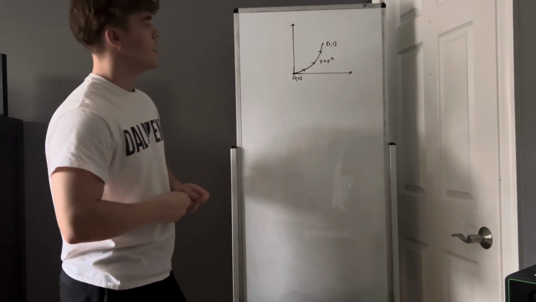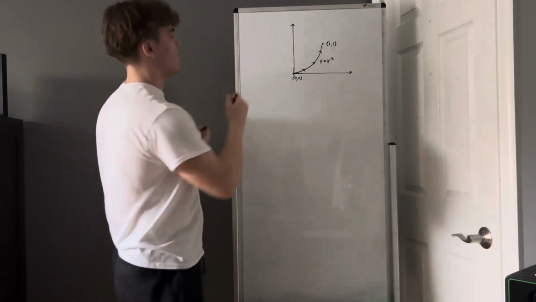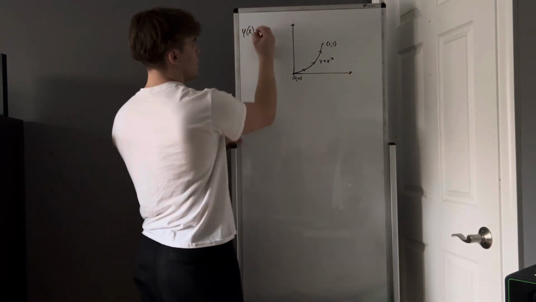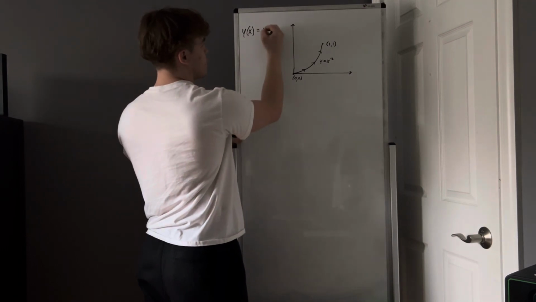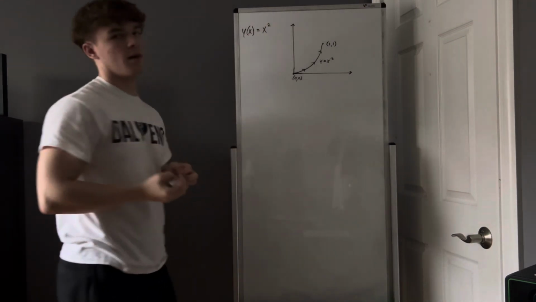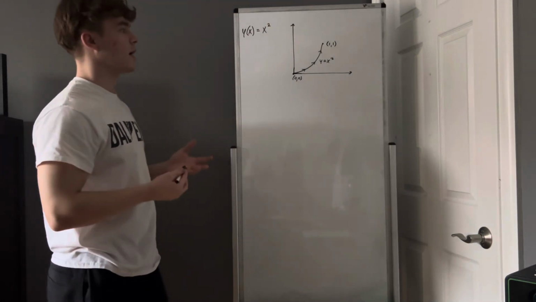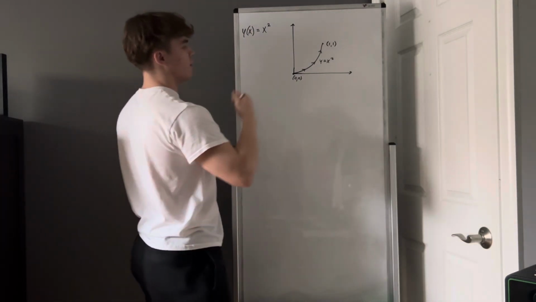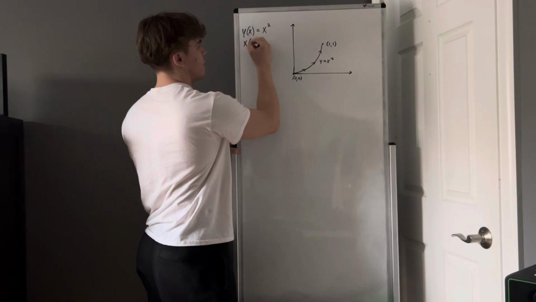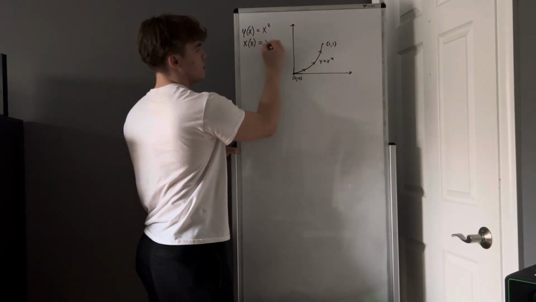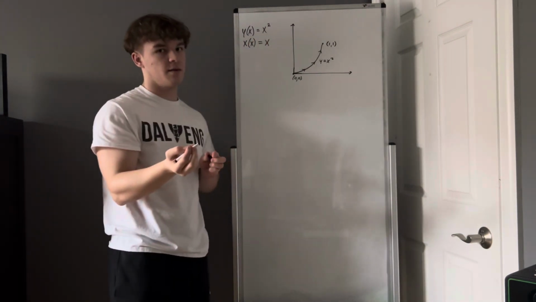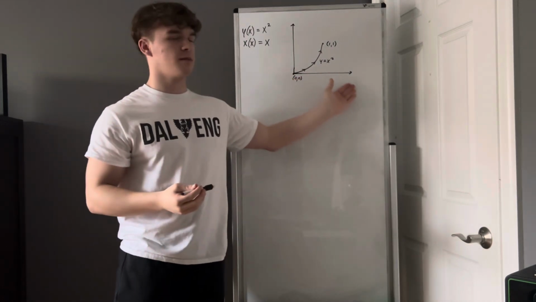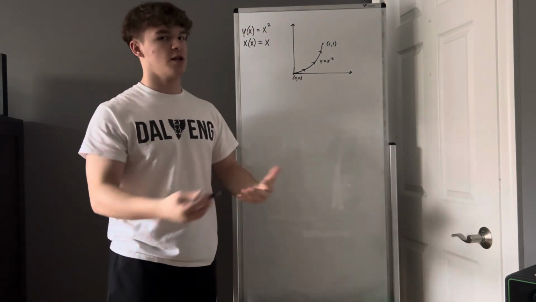We can see that we already have y as a function of x, and that is x squared. And x just equals x. So we could actually write it as x as a function of x equals x, because for every value of x, x just equals x.